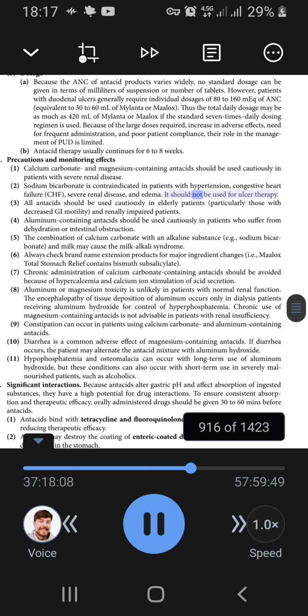It should not be used for ulcer therapy. 3. All antacids should be used cautiously in elderly patients, particularly those with decreased GI motility, and renally impaired patients. 4. Aluminum-containing antacids should be used cautiously in patients who suffer from dehydration or intestinal obstruction.